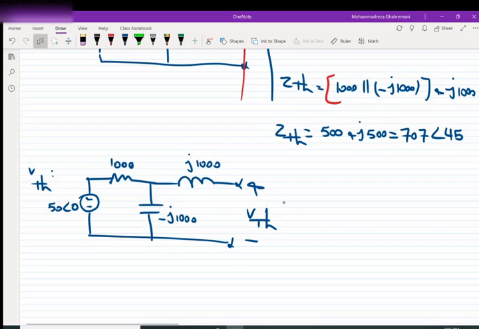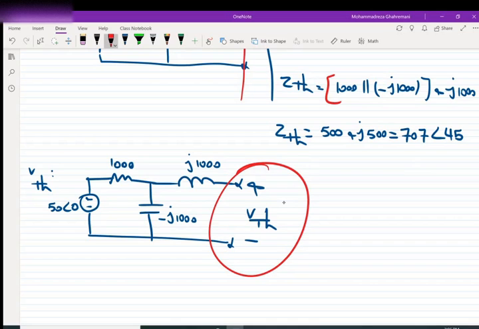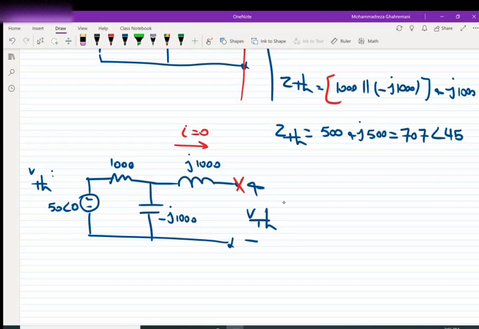But here, the first thing we should notice is that we want to see the voltage across V Thevenin, and this inductor has an open terminal. The current moving through this inductor is 0, and so the voltage drop across this inductor is 0.